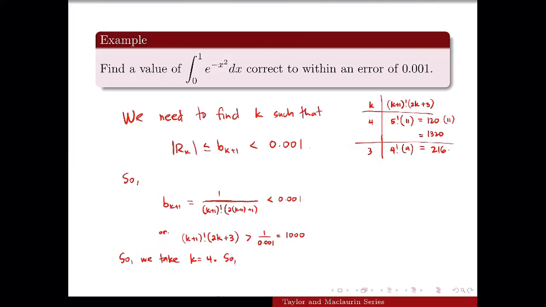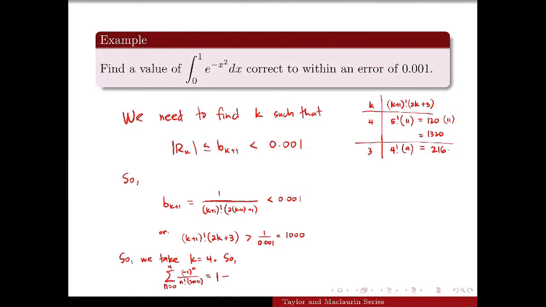So we have the sum from 0 up to 4 of negative 1 to the n over n factorial times 2n plus 1. So what is this? When n equals 0, we'll just have 1 minus.